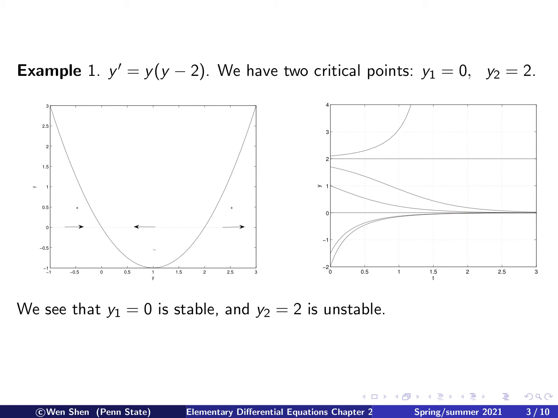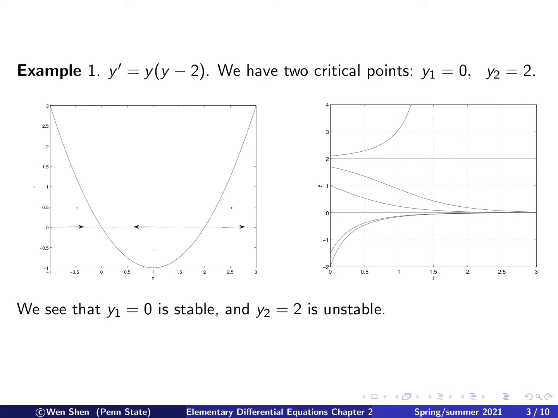Okay, and then let's look at the interval where y is between 0 and 2, between these two horizontal lines. Here y prime is less than 0, so the solution is decreasing. Any solution here will go down, but it will not cross y equals 0, and it will just approach it asymptotically.